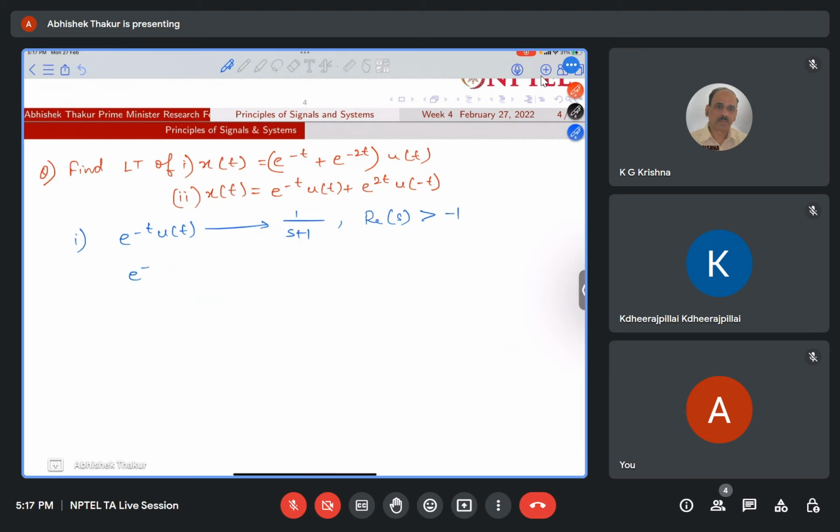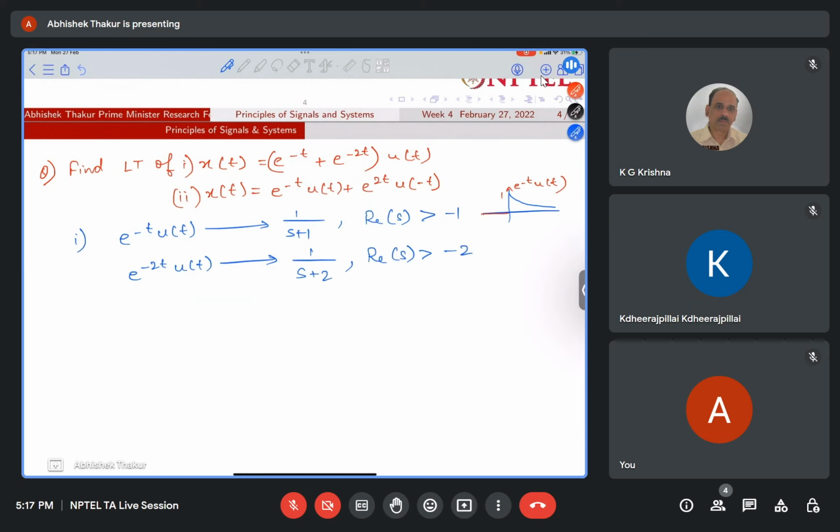For the other, the Laplace transform is 1 by s plus 2 and the region of convergence is greater than minus 2, because both are right-handed signals. When you draw them, you will see both signals are right-handed because they are multiplied with u(t). For t less than 0 it will be 0, at t equal to 0 it will be 1, and after that it follows the curve of e to the power minus t u(t).